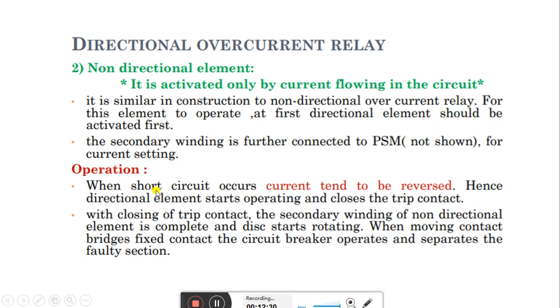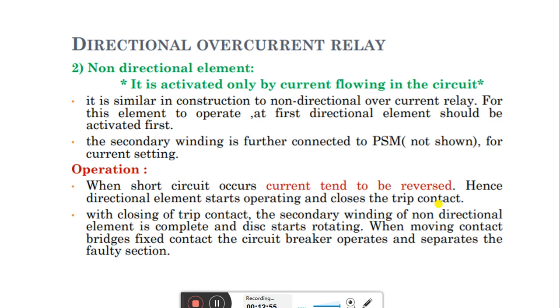Now what is the operation? Whenever a fault or short circuit occurs, the current tends to reverse. Certainly the current should reverse if there is a short circuit. Hence, the directional element starts operating and closes the trip contact.